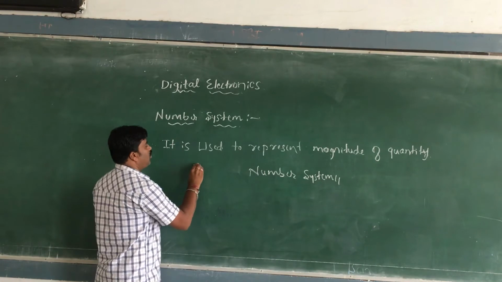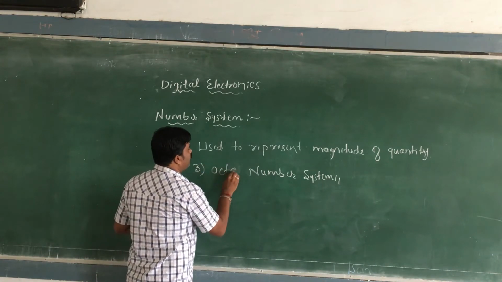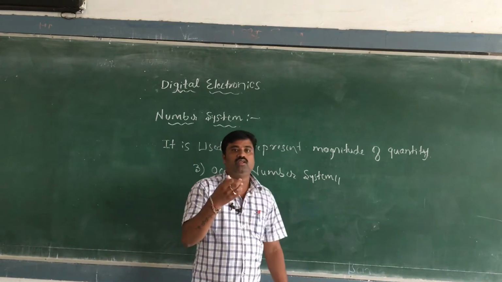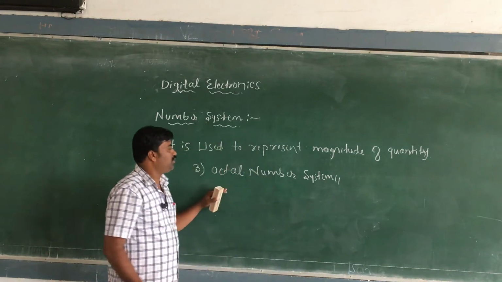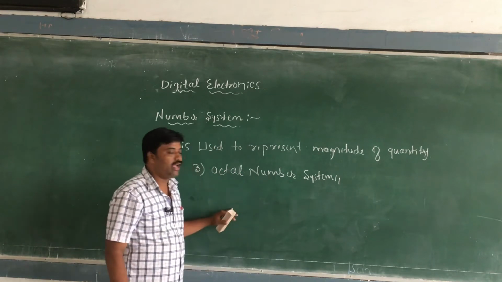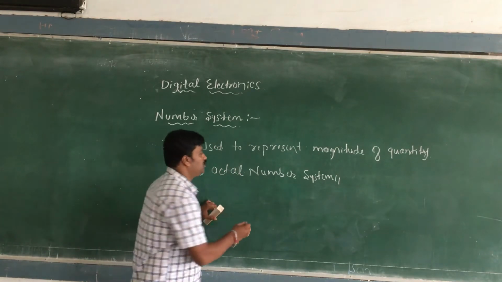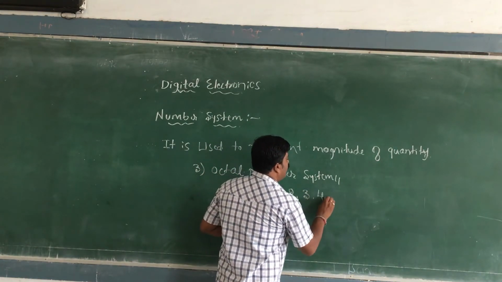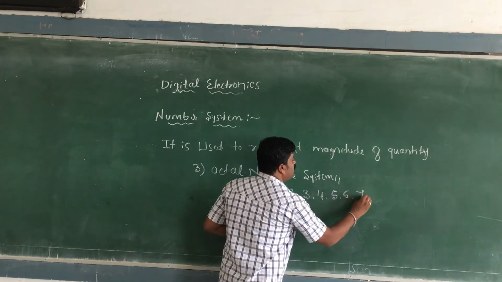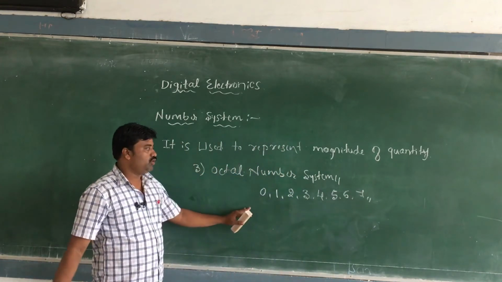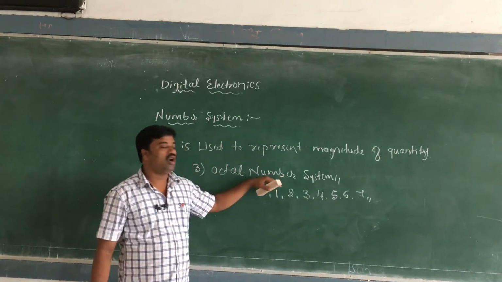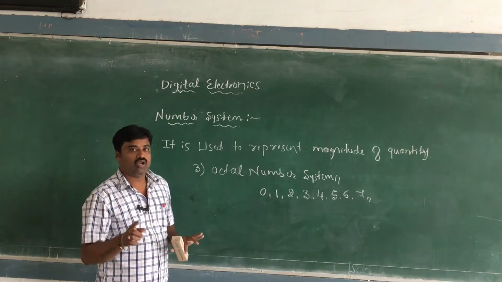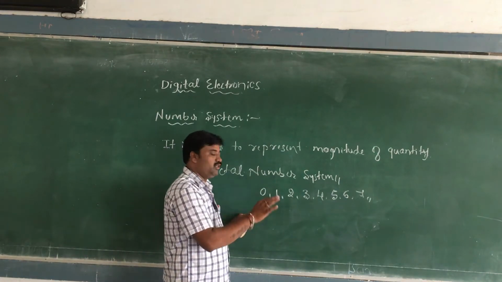The third one is the octal number system. Octal means 8. The octal number system has 0 to 7 numbers: 0, 1, 2, 3, 4, 5, 6, 7. You have to represent 8 as the base or radix value for the octal number system.